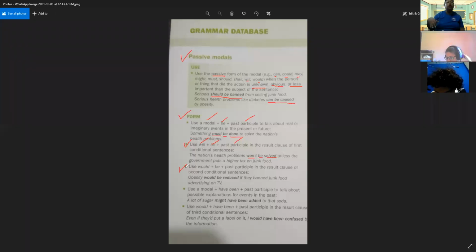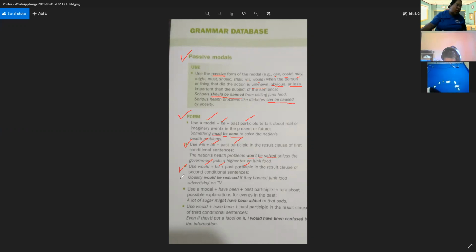The next form, use would plus be plus past participle in the result clause of second conditional sentences, okay? Now we continue with the conditionals, but on this occasion it is the second conditional, okay? Vamos a seguir entonces con los condicionales. El anterior era el primer condicional. Ahora estamos con el segundo condicional donde nos indica que vamos a utilizar would más be más past participle como resultado de oraciones en el segundo condicional.